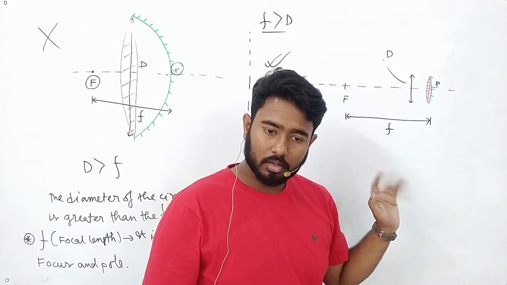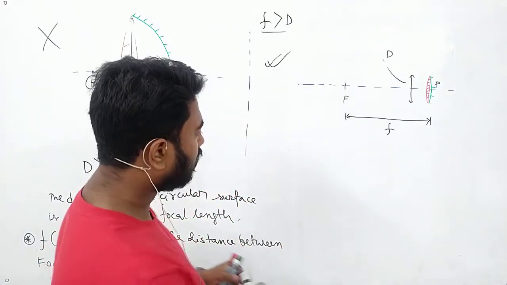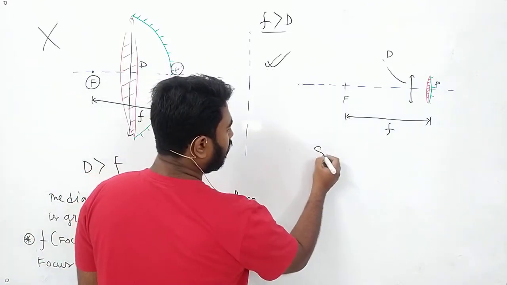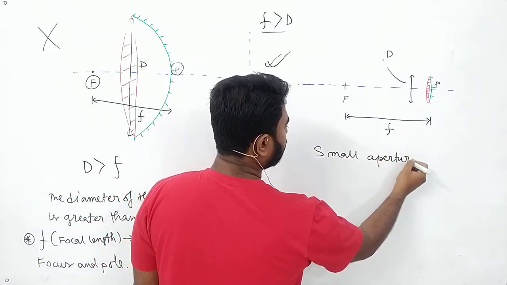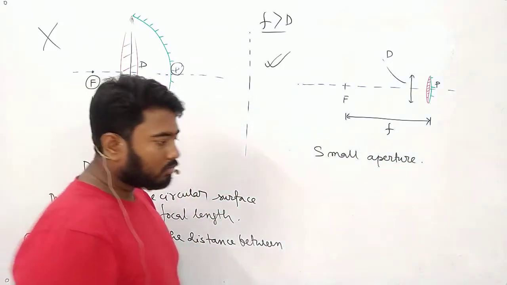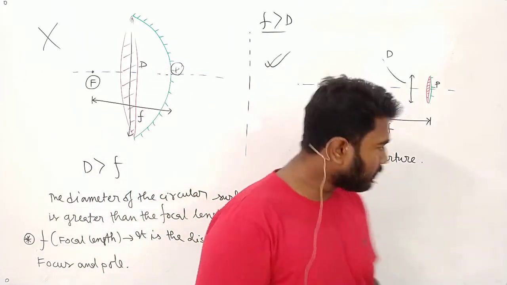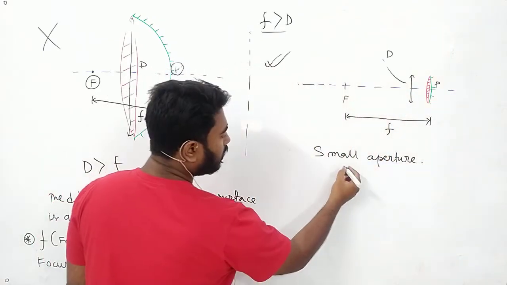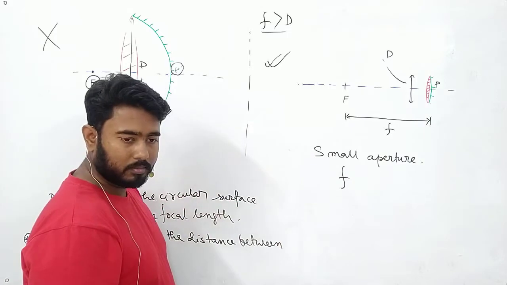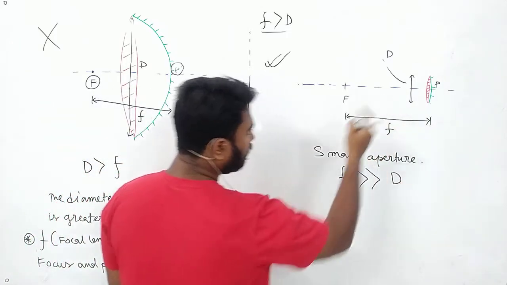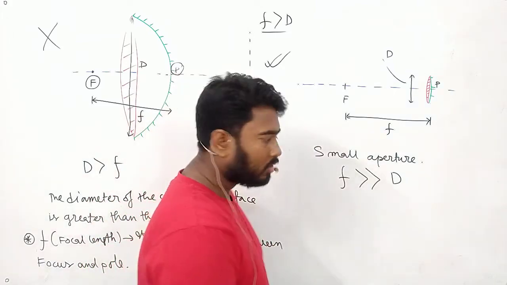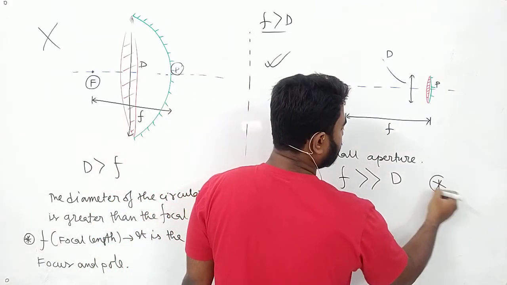You got the idea? So this is a case of small aperture. Now the best approximation is, suppose you are considering a focal length which is much greater than the diameter of the mirror. This is our best approximation.